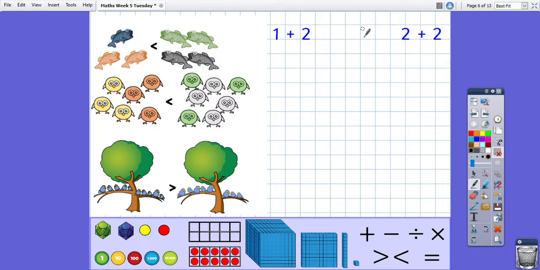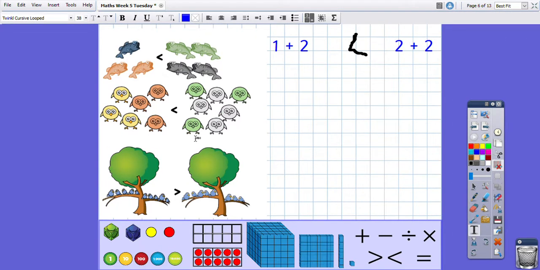We'll have the bigger answer. So I will draw my crocodile really badly again. It's really not very good, is it? Because I know that 1 add 2 is 3, and 2 add 2 is 4, and 4 is bigger than 3. Okay, let's look at the birds.